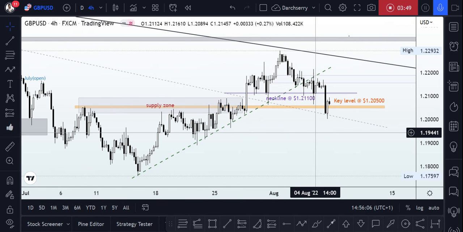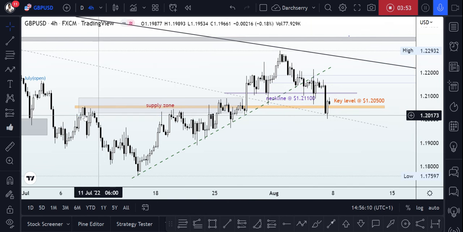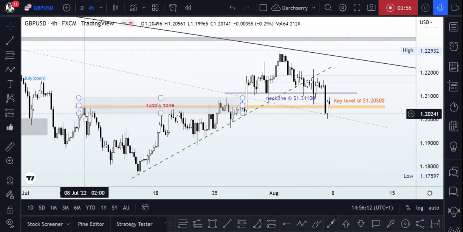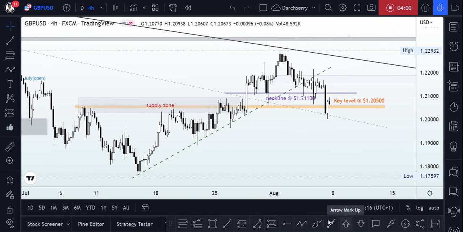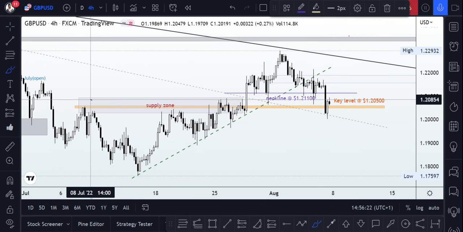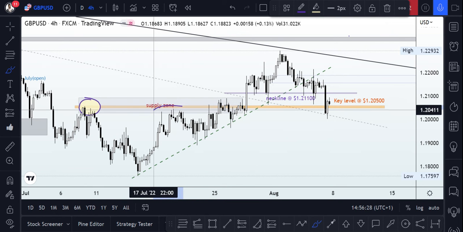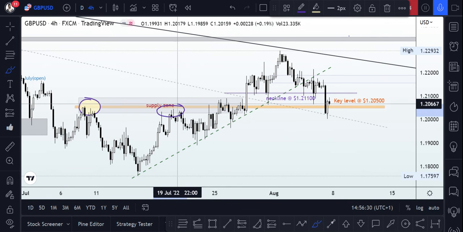Another thing I also want to share here is that if we look left, we could go as far as the first week or the second week of the month of July. We would observe that the key level I identified at the 1.20500 area has been a major determinant of price action. We saw the first rejection here by the sellers, and we saw multiple rejections by the sellers during the mid month of July.